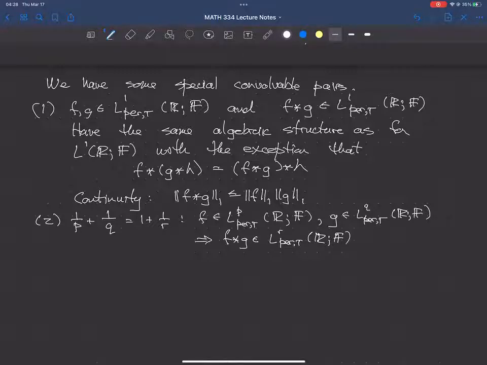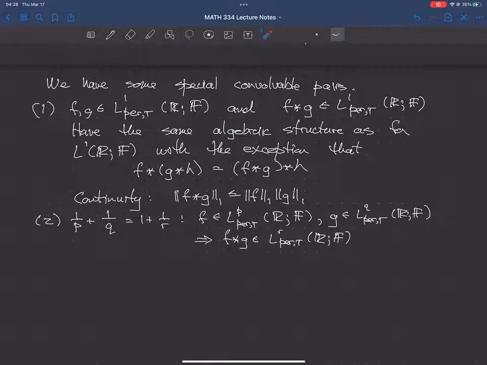And then we had the special cases. There were two cases that I drew attention to before, and I'm not going to write them down because the consequences are the same as in the aperiodic case. The first case is where F is in L^p and G is in L^q, with q the conjugate index of p.